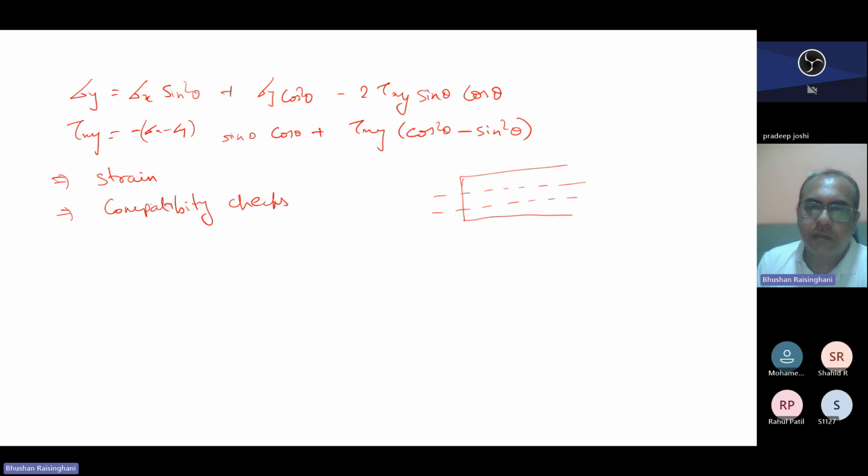So along the depth, it will be divided like this. That way, you have to do the modeling, based on which the analysis results will come. So for thick shells, there will be some layers also, along with the shear deformation distributed.